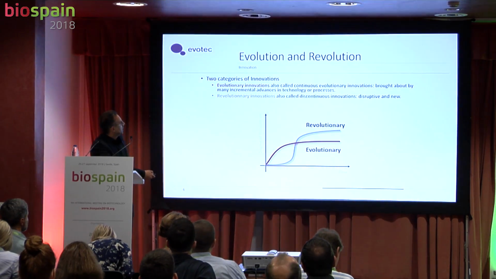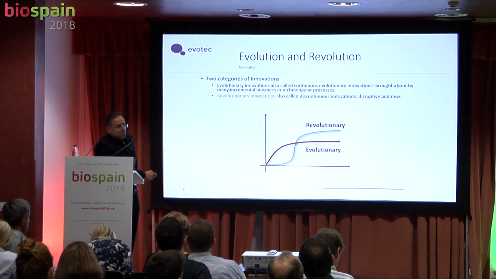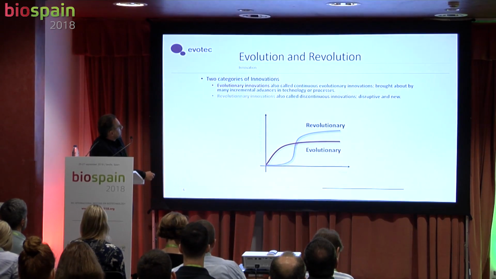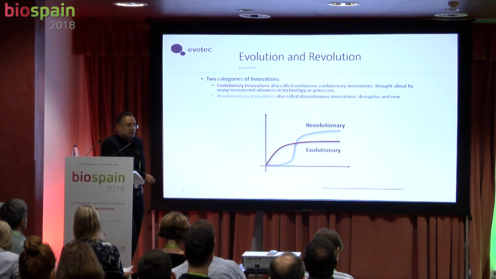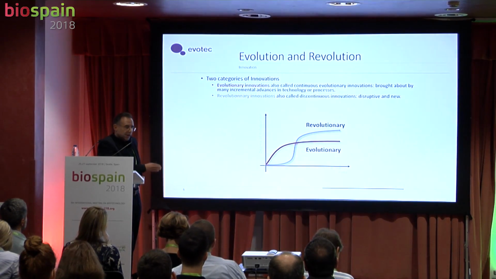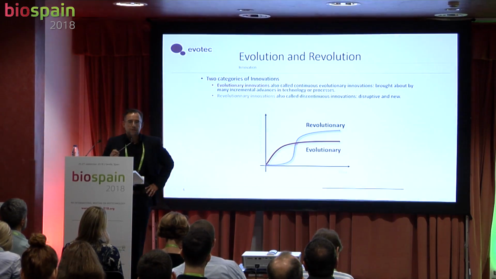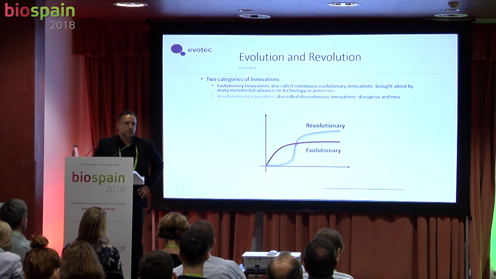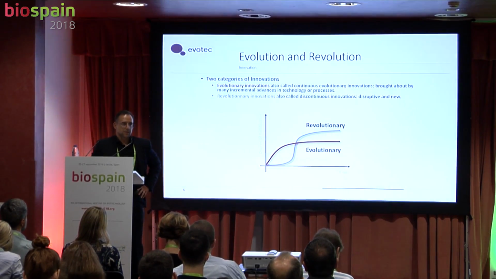So there are two categories. The innovation, as we know, the evolutionary innovation. That's progress, but it's continuous progress, step-by-step progress. And then you have the revolutionary innovation. These revolutionary innovations are characterized by disruptive events, all right?